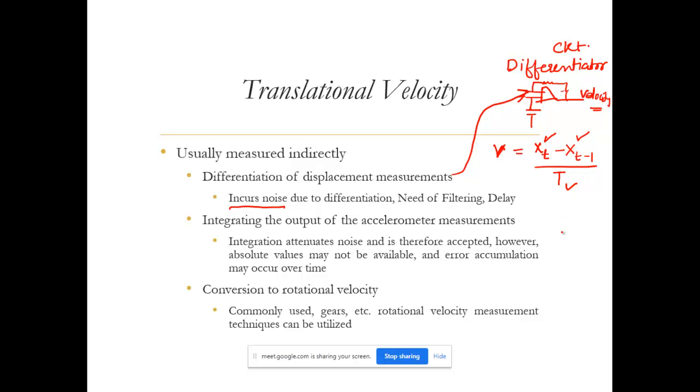If this t is a millisecond, which means 0.001 seconds, then it means the error is actually getting multiplied by 1000, because 1 by 0.001 makes 1000. So whatever error was there in the x_t signal gets amplified by 1000 times. That's the problem with velocity measurements using differentiation.